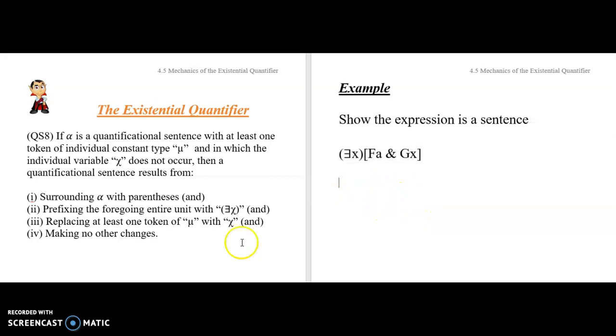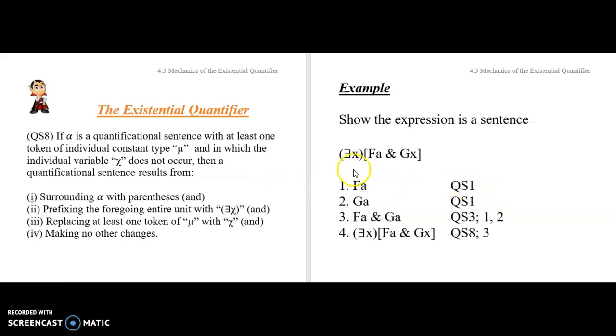Okay, and so hopefully you've had a chance to think on that. It should require a little less effort because it's following the exact same thing we did with the universal quantifier. And so this here is a demonstration that this expression is a quantificational sentence. This string of symbols qualifies as a sentence for us, right?